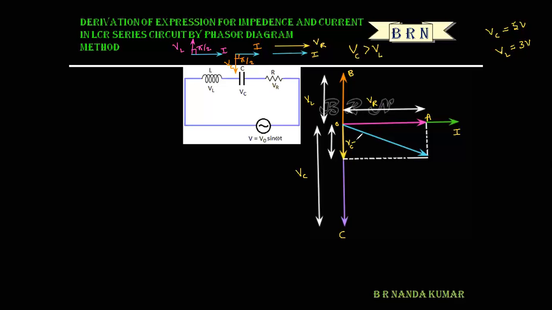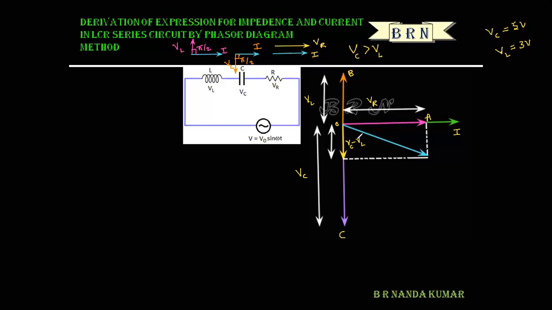The direction of the resultant is along the direction of the greater magnitude vector. Here the greater magnitude vector is VC, so that is why the resultant acts vertically downwards.